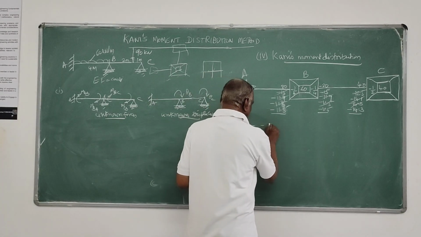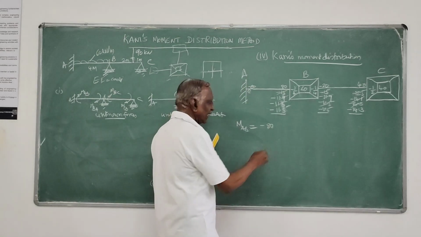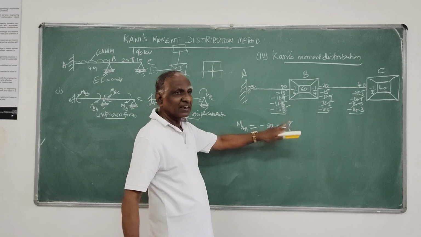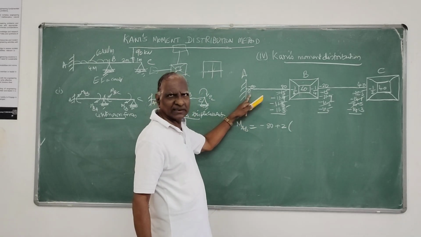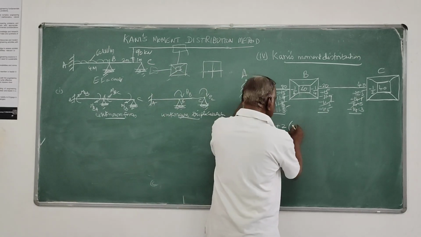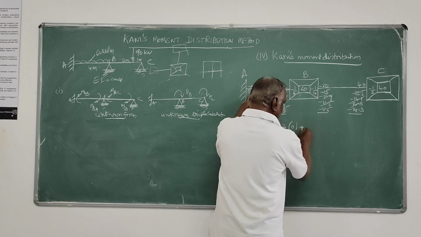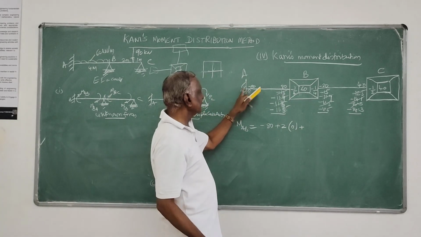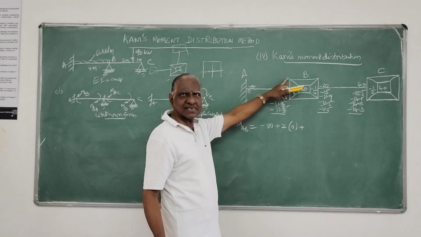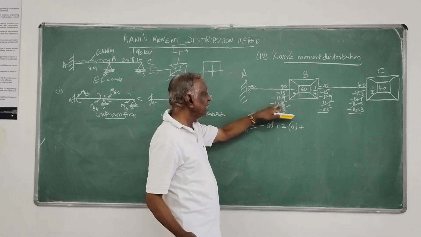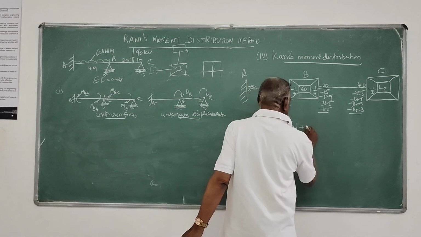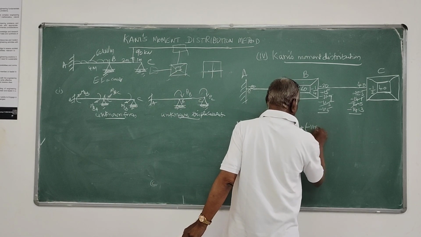That is minus 80 plus twice rotation contribution. This you have to remember. Twice rotation contribution at that end, that is twice 0, then plus rotation contribution at the further end of the member. For AB, the far end is B. The rotation factor you got here is minus 11.5.